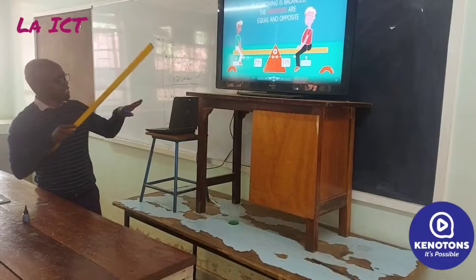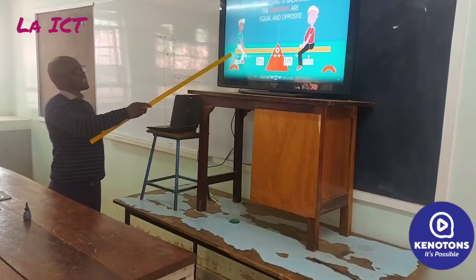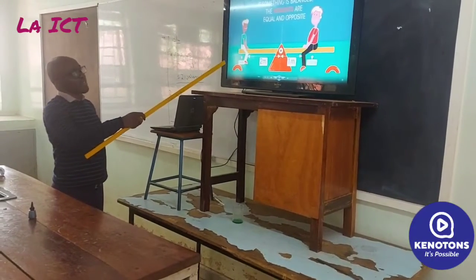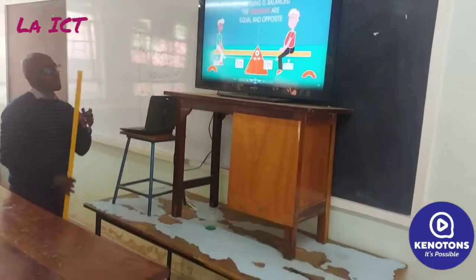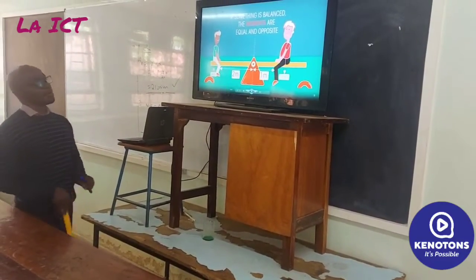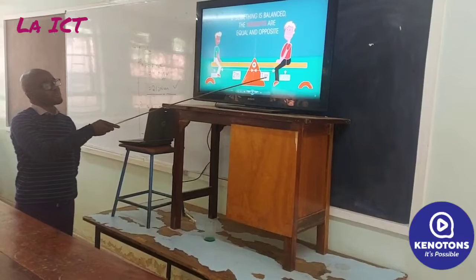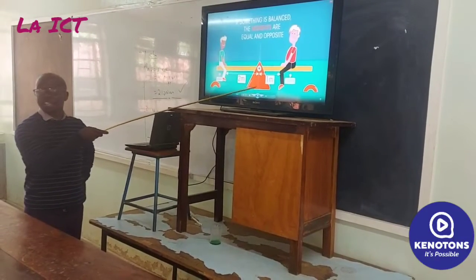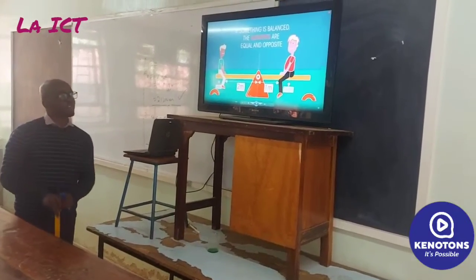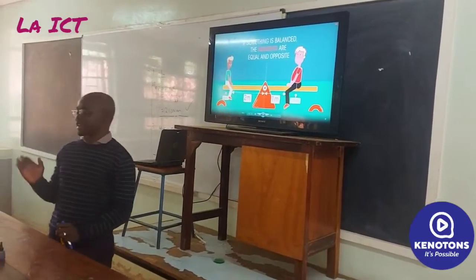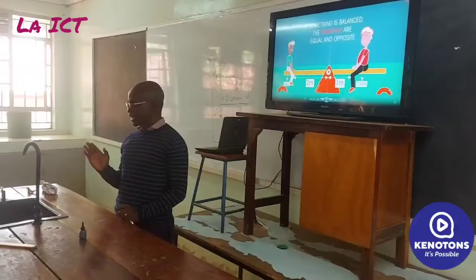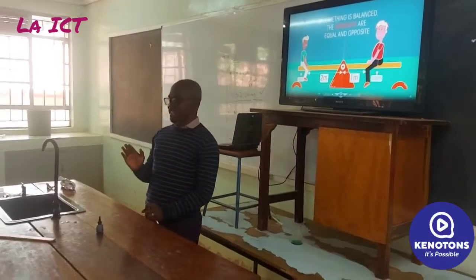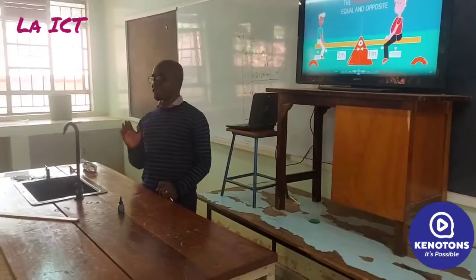So look at what happens. If the force is less and the distance is higher, then for it to balance, the force on the other side, the girl's, must be higher and the distance must be less. In other words, we are talking about the factors that affect moment of force. From the definition, we can get the factors that affect moment of force.